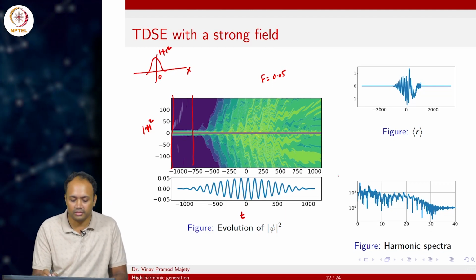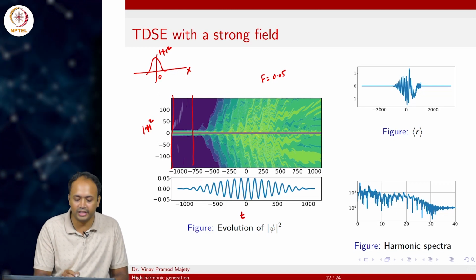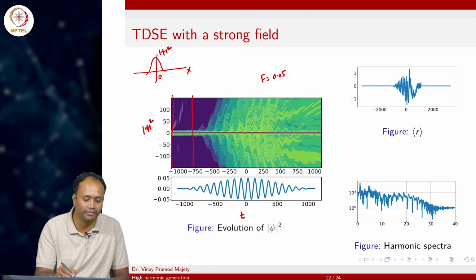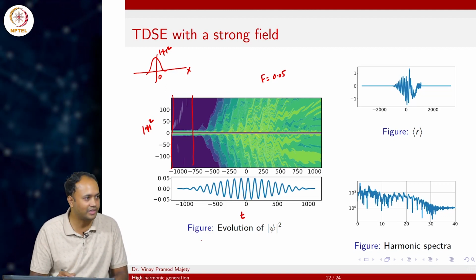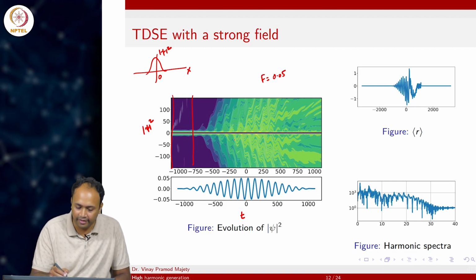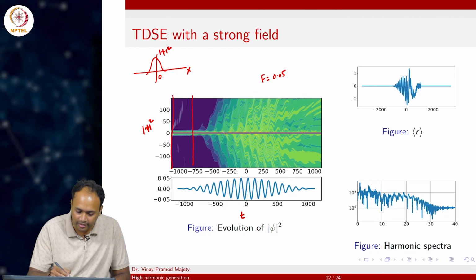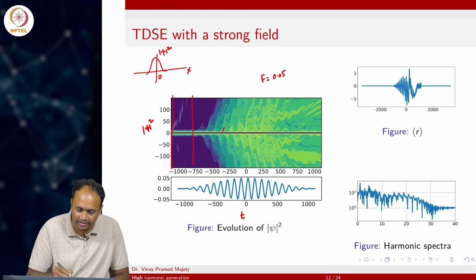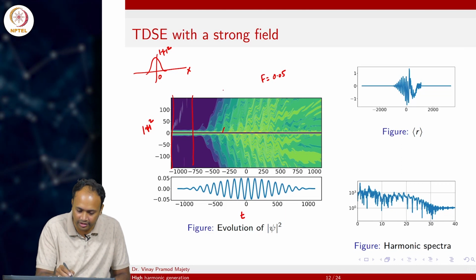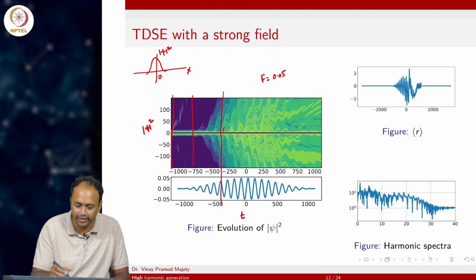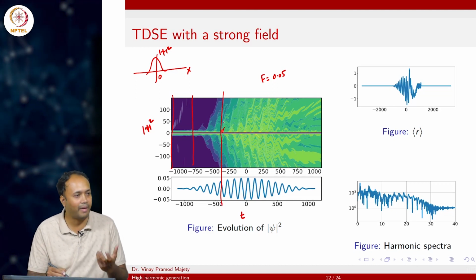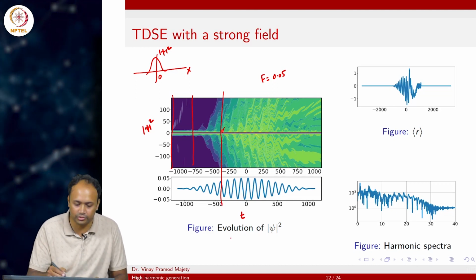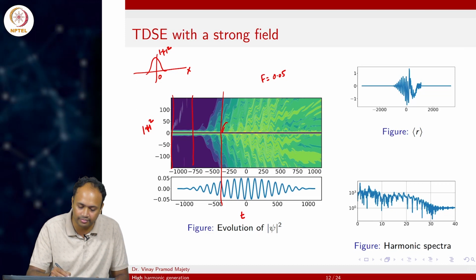Now as the laser field comes in, you see that parts of the wave packet try to fly out, and you see some kind of trajectories. If I pick this particular path, something is getting ionized at this peak of the field. There is something being emitted, and the maximum of that wave packet follows a certain trajectory.